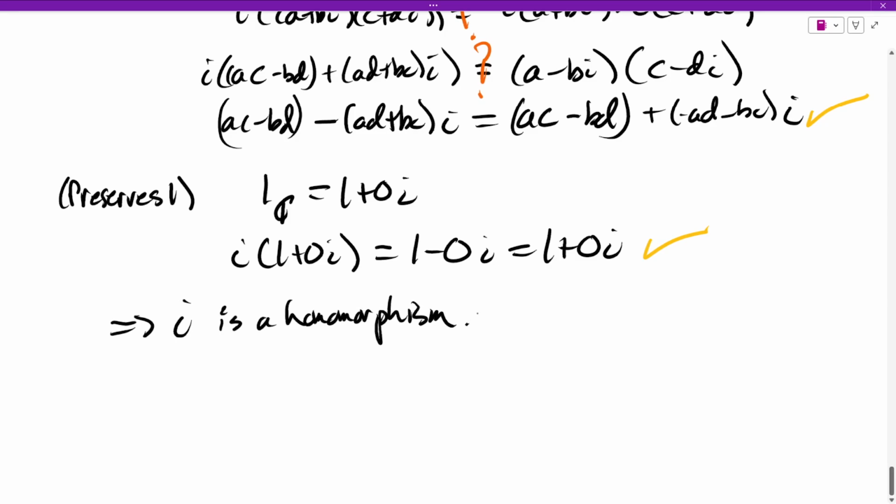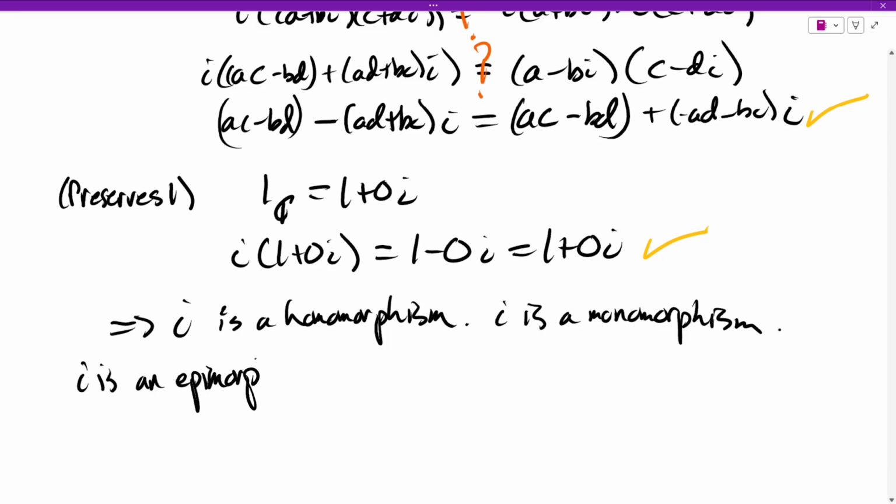In fact, complex conjugation geometrically is a reflection in the real axis. So iota is a monomorphism. And since every complex number is a reflection of something, iota is an epimorphism. That is, this is a one-to-one and onto homomorphism. Since it's a monomorphism and an epimorphism, it's an isomorphism.